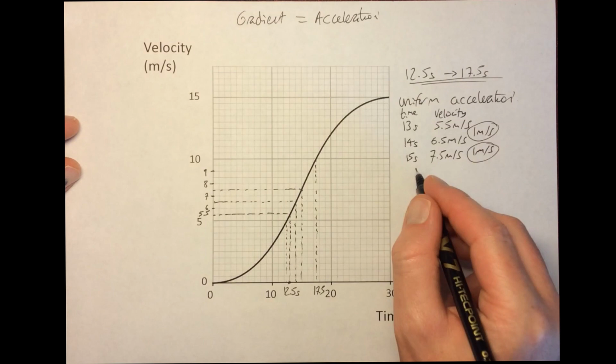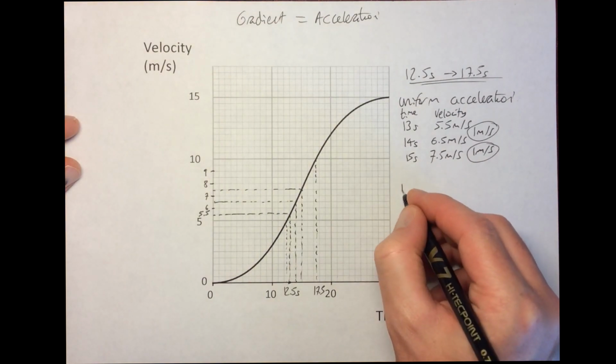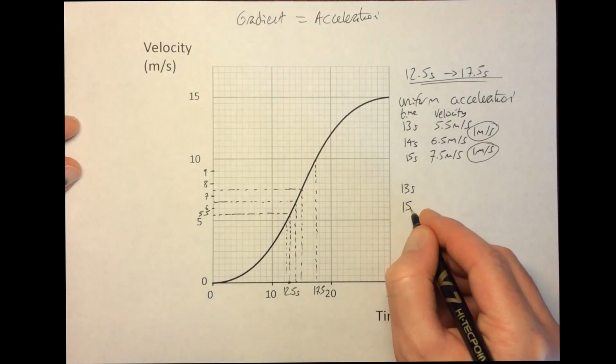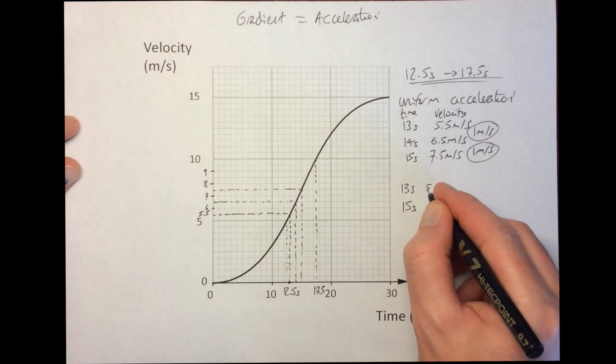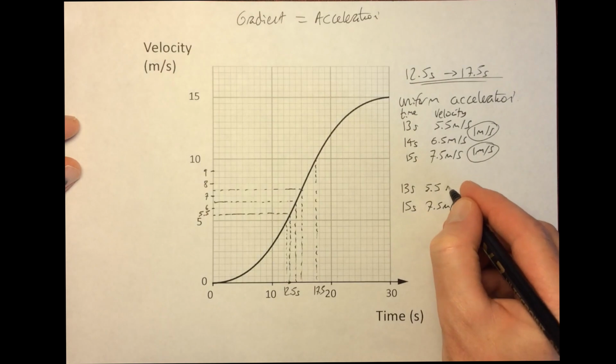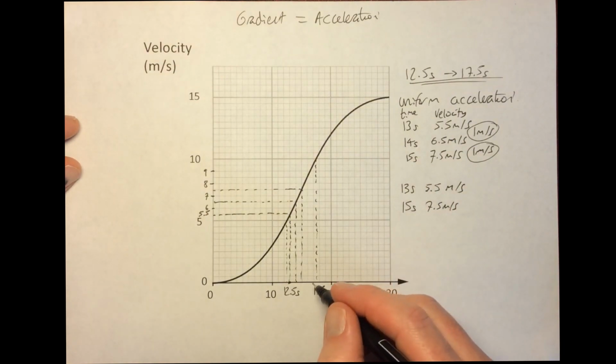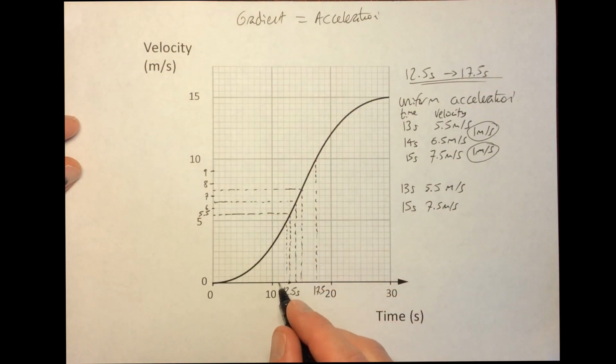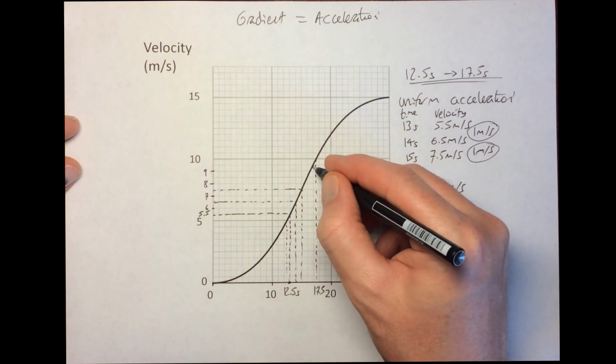If you were to look at 2 second intervals, so if you were to go from 13 seconds to 15 seconds, you'd find that your velocity had gone from 5.5 up to 7.5 meters per second. Then if you were to look at 17 seconds, so that's 11, 12, 13, 14, 15, 16, 17, so 17 is here.